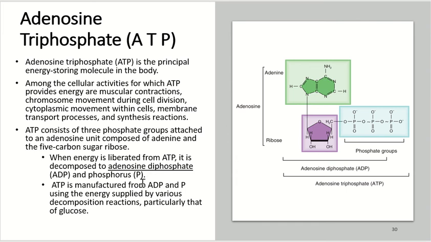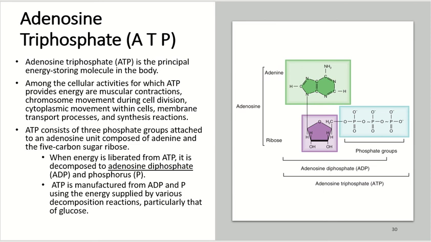So we're kicking off basically one of these phosphates. We're going from triphosphate to diphosphate, so from 3 to 2, plus this phosphate group here, which is floating around doing its own thing to provide energy, basically. And ATP is going to be manufactured from ADP and a phosphate.